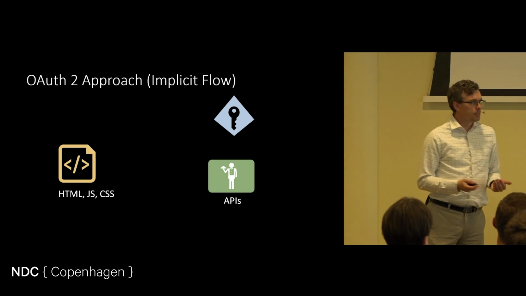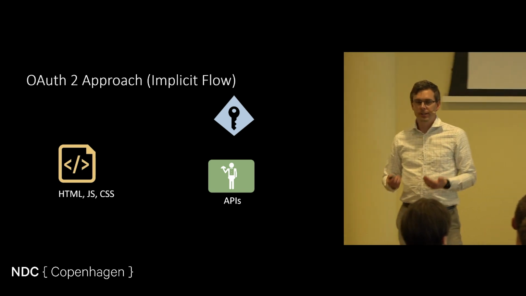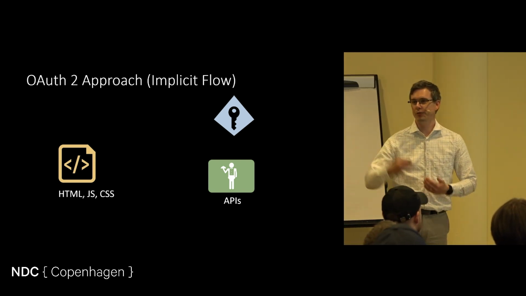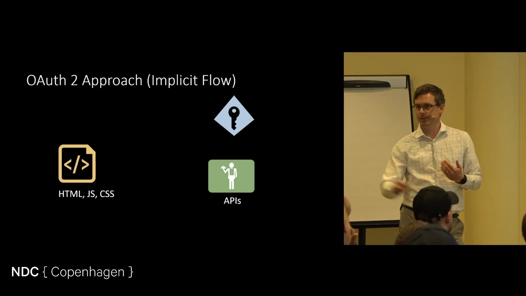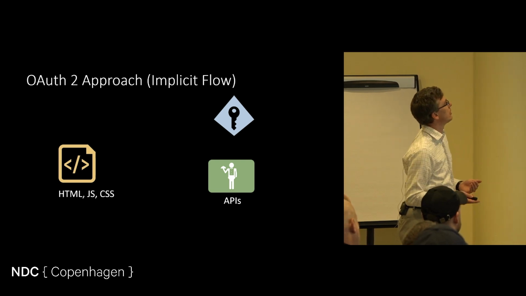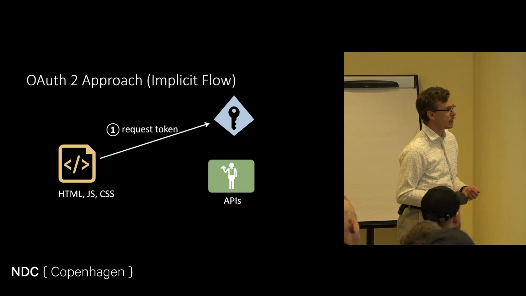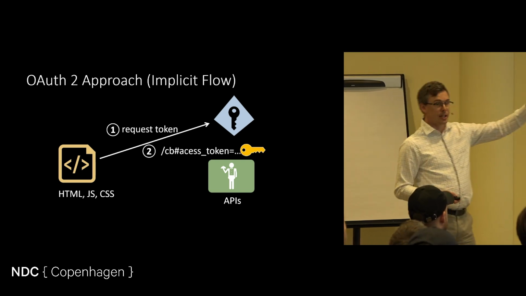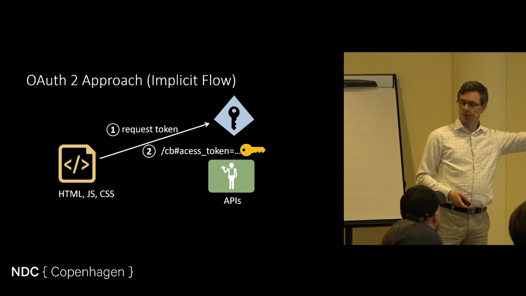The OAuth2 implicit flow is a way for the single page application to get hold of a token that it can then send off with every API request. So what it did is that the single page application requests a token. The token is attached on the query string on a callback on the redirect back.